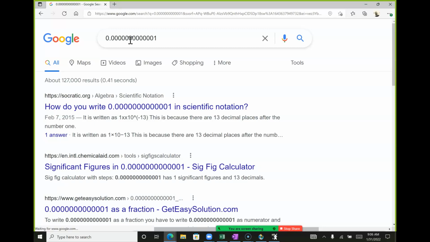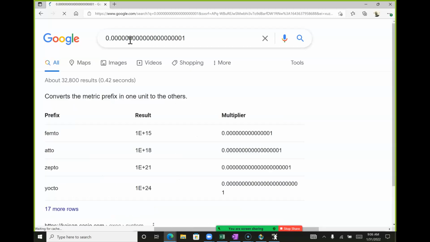Do you know? As what I'm searching is approaching zero, I'm getting closer to zero results. I can go a little bit more crazy here and search for something really close to zero. 32,000 results.